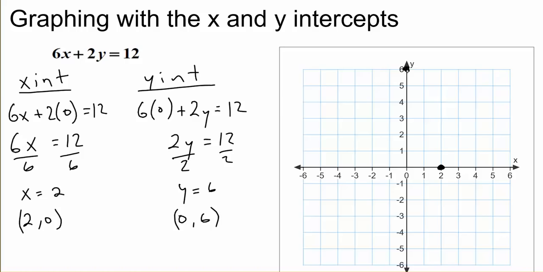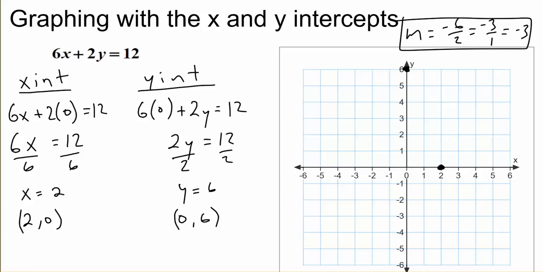And we can see going from one point to the next, we're going down 6 and over 2. Can that be simplified? Yes, that can be simplified to down 3 over 1, or just negative 3. So that's what our slope is. That's our m value. Our m is negative 3. Let me draw my line before we do this.